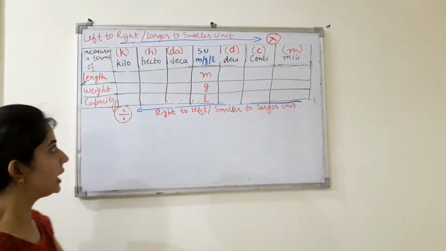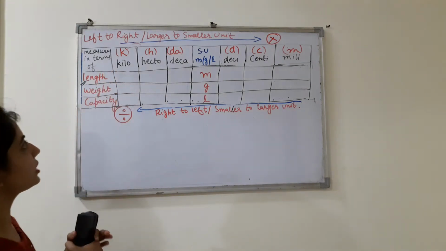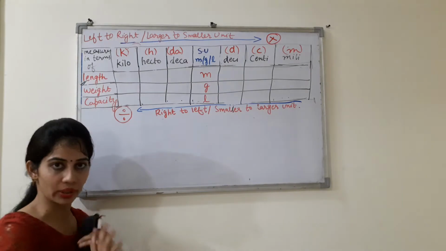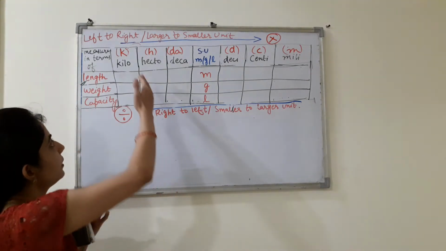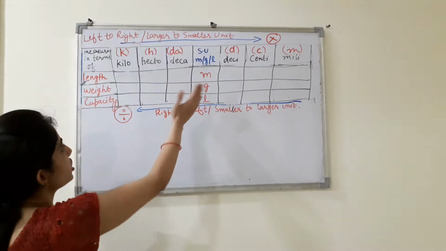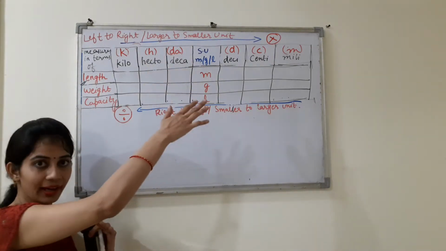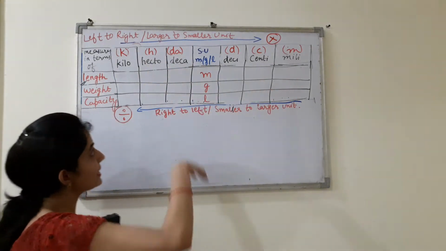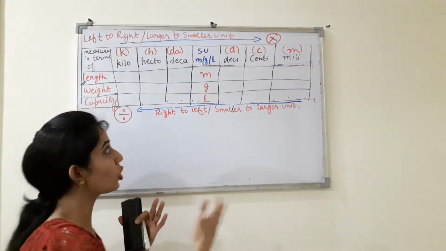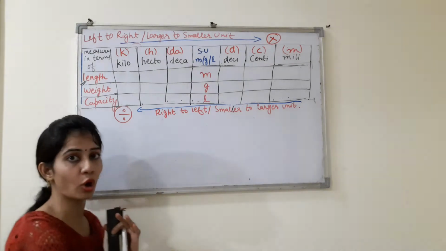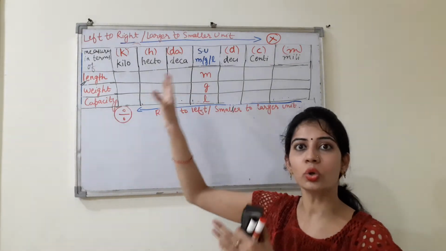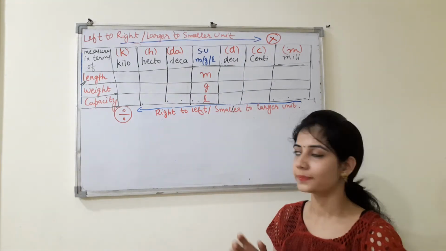It means kilo is the largest unit out of the given units, right? After that, smaller than kilo is hecto, right? And smaller than hecto is deca and so on. It means when you go from left to right, this is your descending order, or we can say the units are going from larger to smaller units, right?